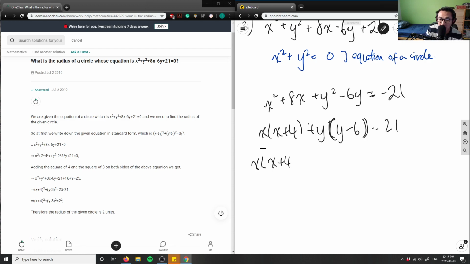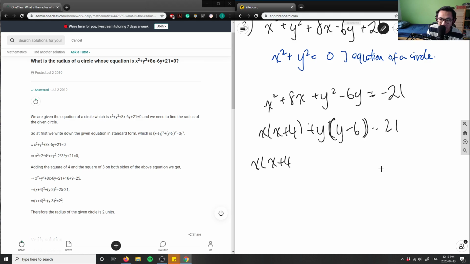So in this case, it would be minus 4 plus 4. And then for y here, it would be 6 divided by 2 is 3. 3 squared is 9, right? So they're adding the square of 4 and the square of 3 to both sides. So that's what we're doing here.